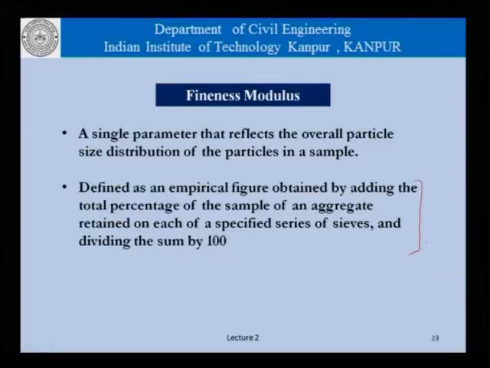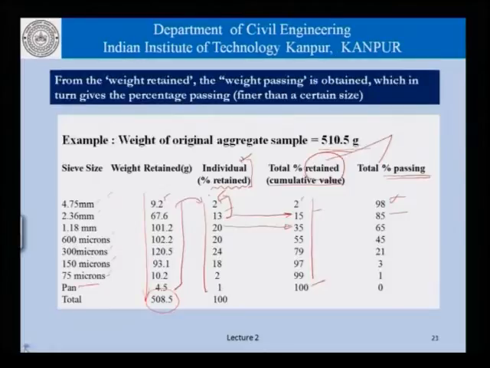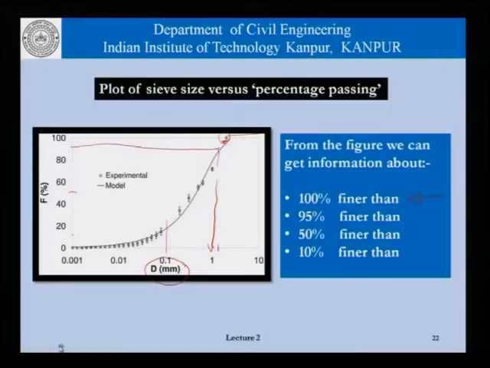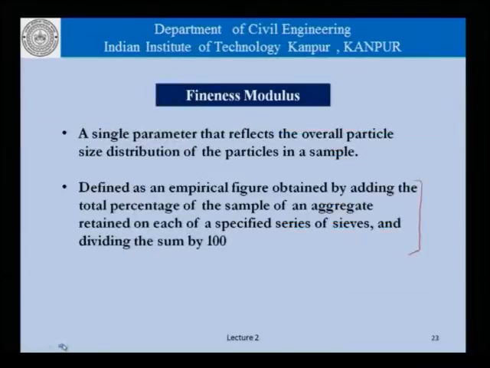My suggestion to you would be to actually see how the fineness modulus is calculated for a given particle size distribution, which is basically this kind of data which is determined from the lab. How we determine the fineness modulus from here is an exercise which I am leaving for you to do, and we will probably give you the answer in some later presentation.